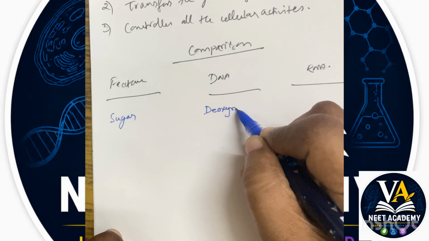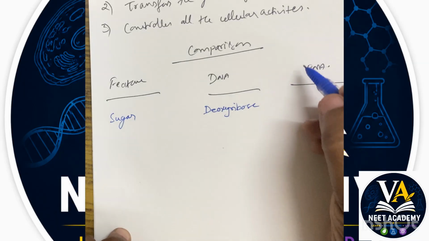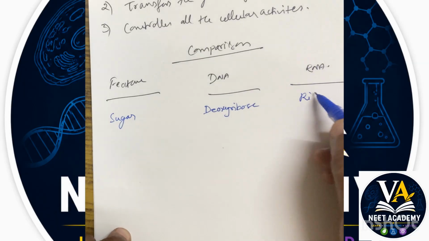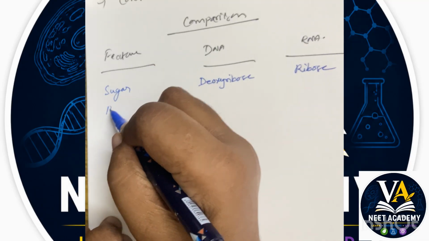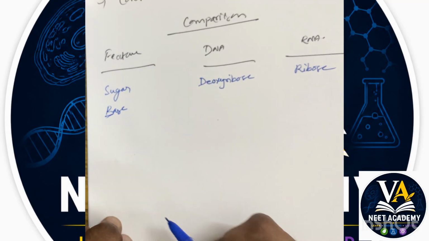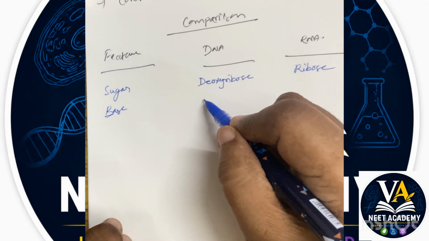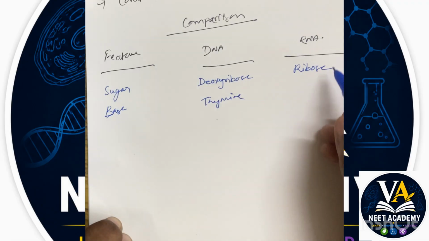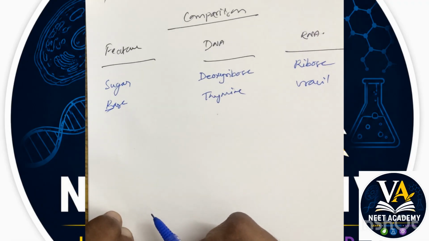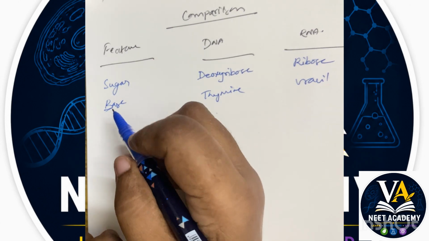It is deoxyribose. Now you know why it is called deoxyribose, isn't it? And the sugar present in RNA is ribose, right? Correct? And what is the single base change in DNA and RNA? In DNA it is thymine, rest all is same, right? And in RNA it is uracil, rest all is same. So there is no thymine here, there is no uracil here.